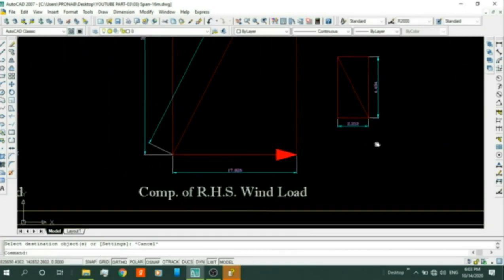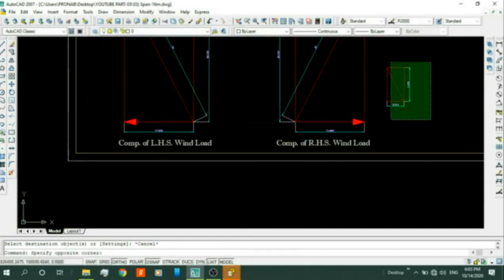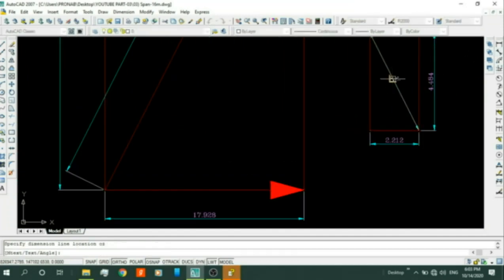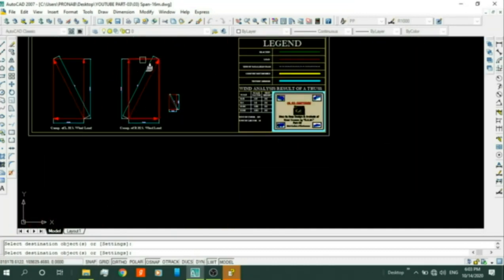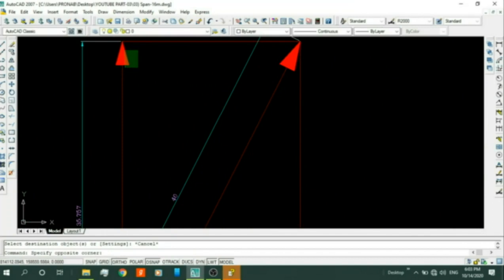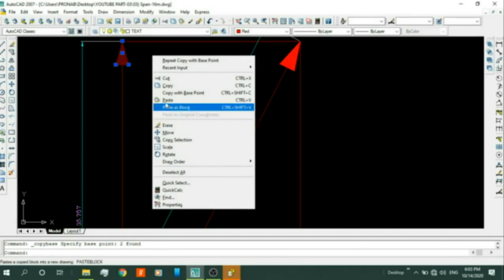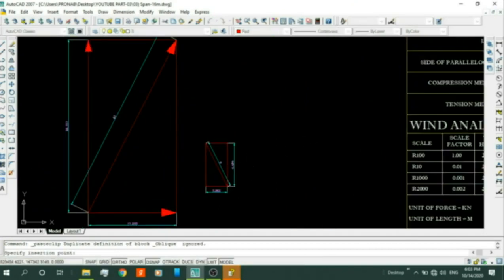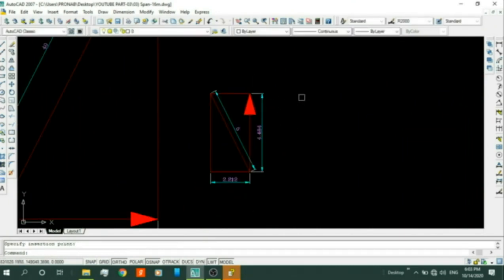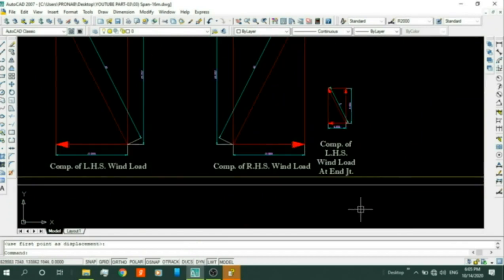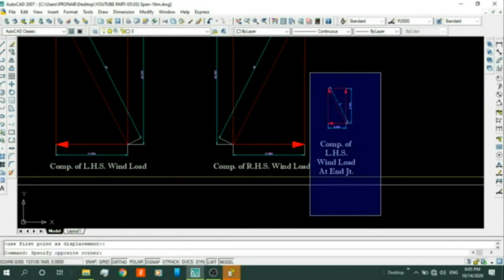This is for left hand side, and for right hand side, this is 5 kilonewton. For right hand side end joint, just mirror this figure.